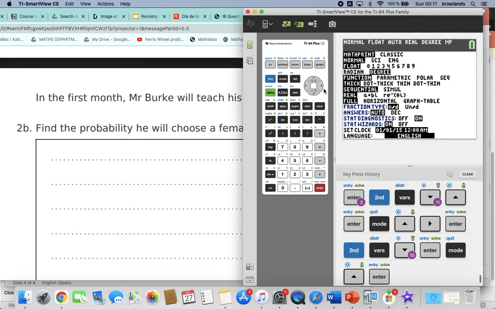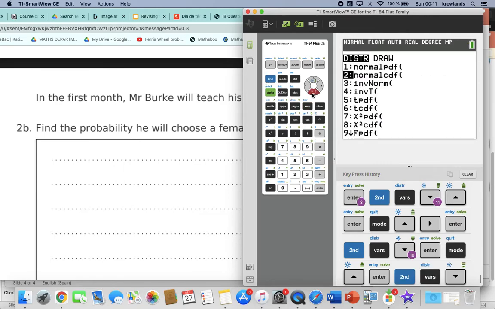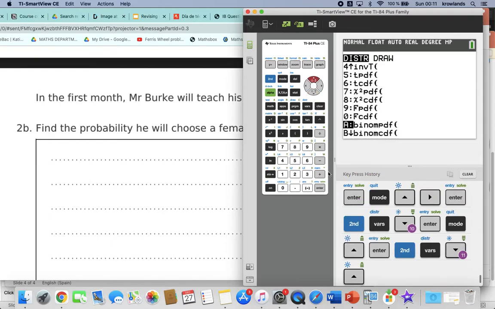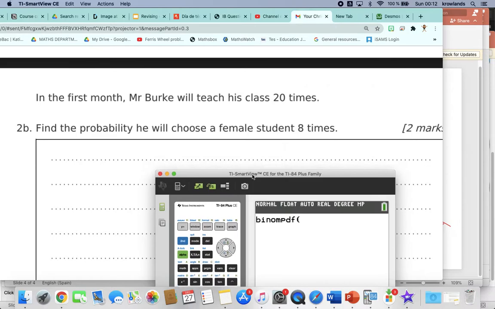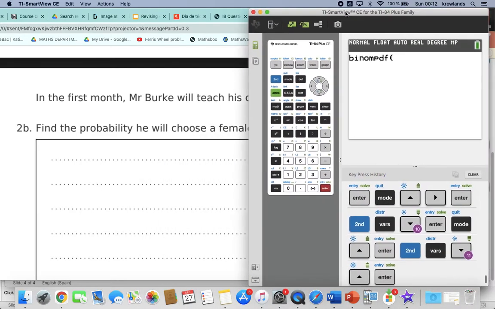But if it isn't in the maths print mode, you can actually do this question all right. I'm just going to explain how it's going to be slightly different. If it's not in the maths print mode, for my calculator, you are going to have to remember what each of these numbers are, which is a little bit more challenging.